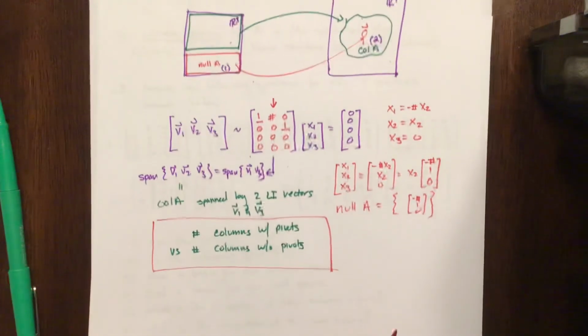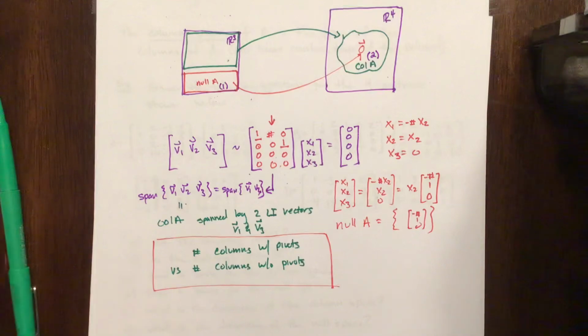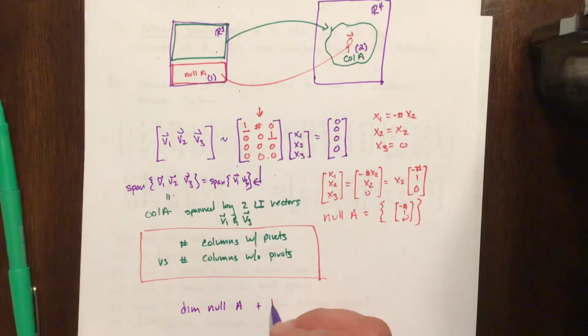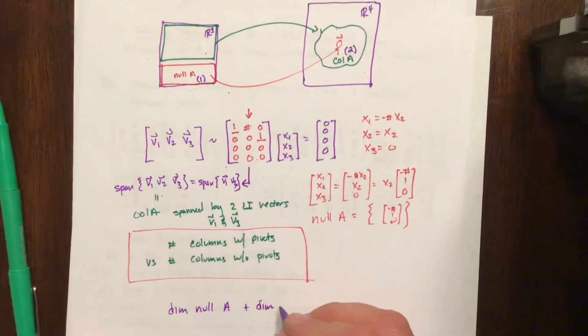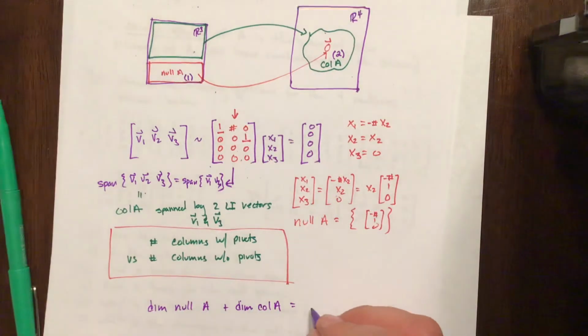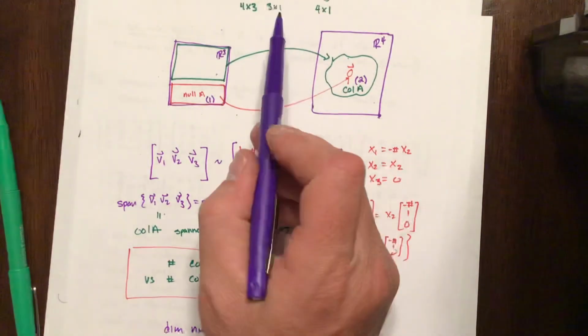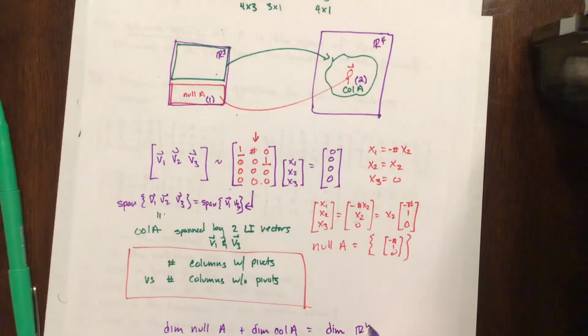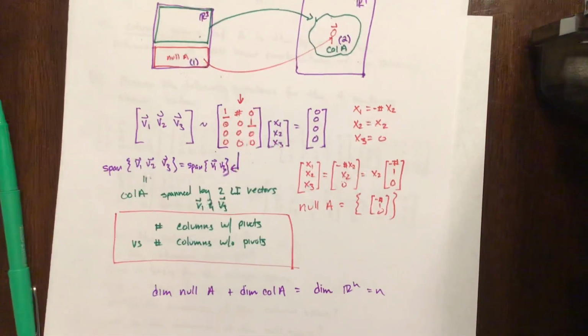So we actually have an equation that describes this. The dimension of null A plus the dimension of the column space of A is equal to the dimension of this vector right here. So it's Rn, so that's n. And this is called the dimension equation.